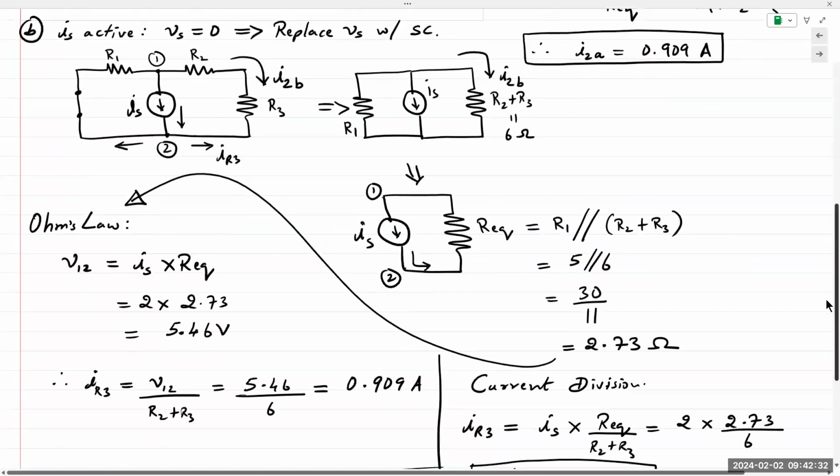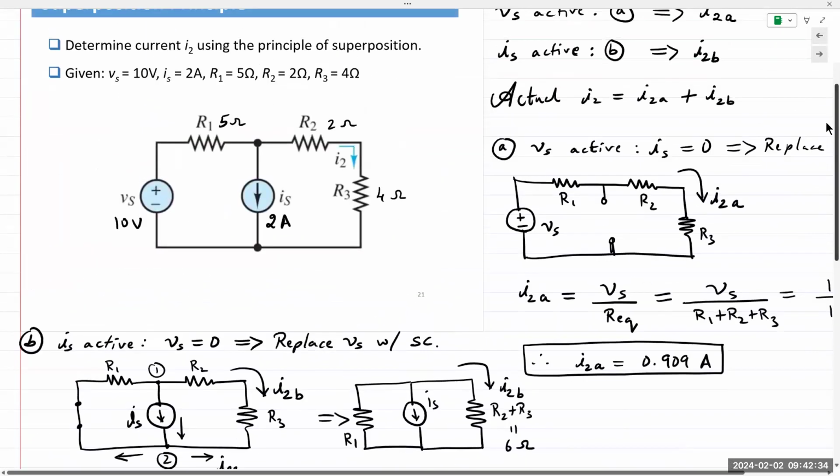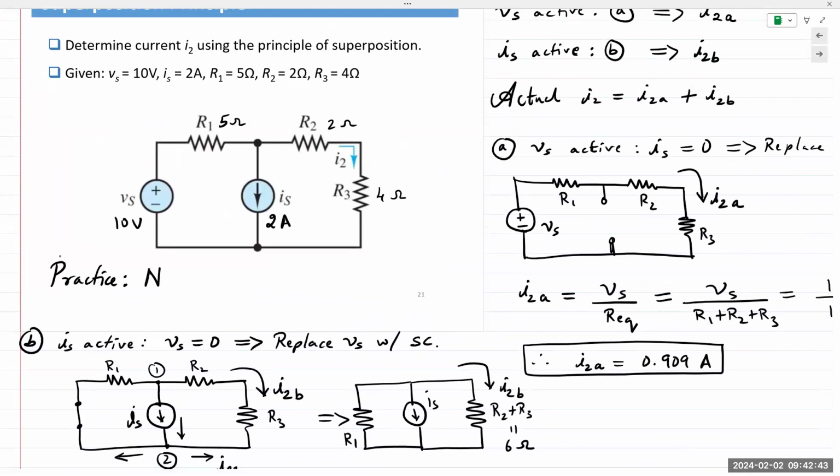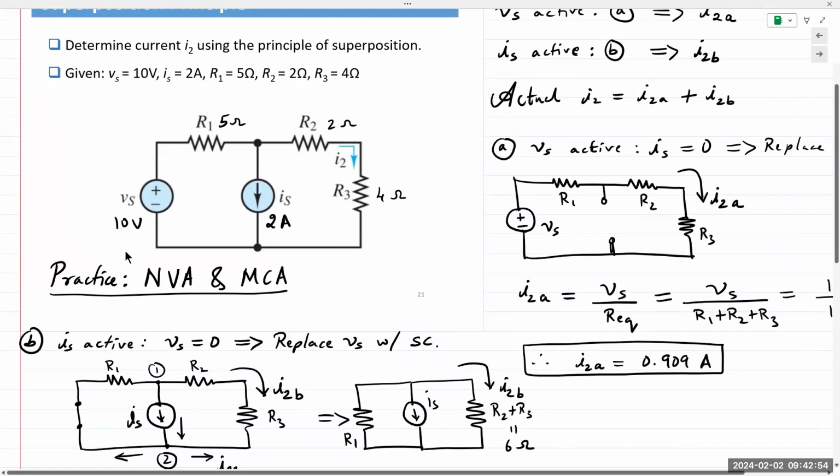Also, as practice, I would recommend, since we already know the answer to this, practice using node voltage analysis and mesh current analysis.